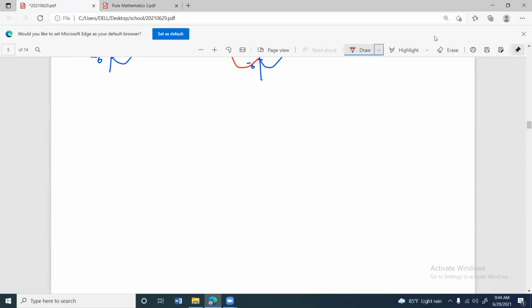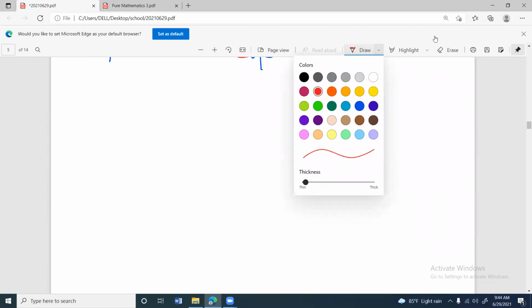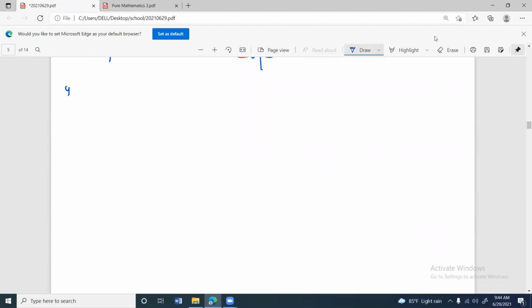Okay. Right. Let's go to another example. It's just a graph like this. y equals modulus of x squared minus 7 modulus of x plus 12. Let's draw this.